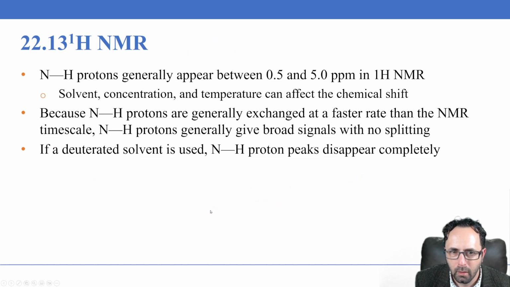In terms of proton NMR, NH protons can appear over a broad range on the proton NMR. Solvent, concentration, and temperature will affect this chemical shift significantly. NH protons can be exchanged one for another, and so often the NH protons will give very broad signals with no splitting.